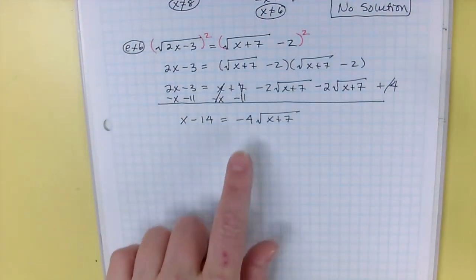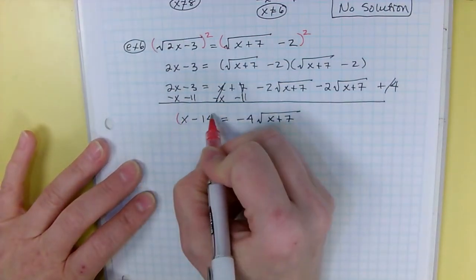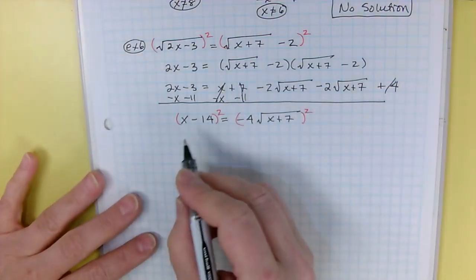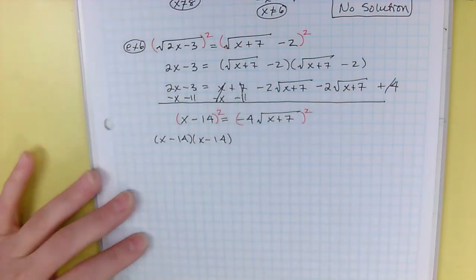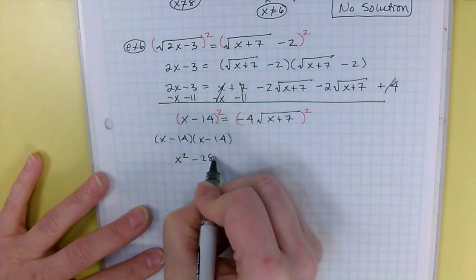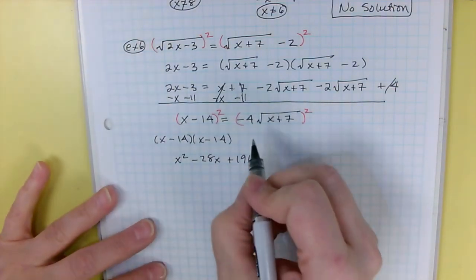It does have a scalar, but if we divide by negative 4, we'll get lots of fractions. So let's just leave it where it is, and we're going to square both sides. So on the left, we now have x minus 14 times x minus 14, which ends up being x squared minus 28x plus 196 when you simplify it.